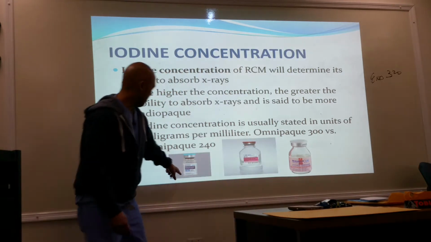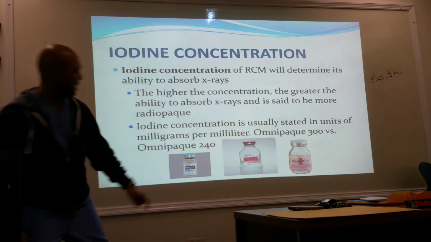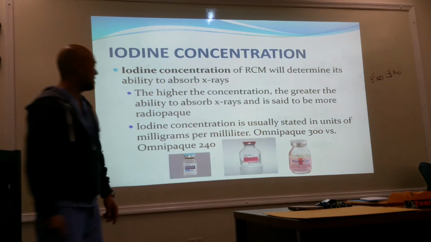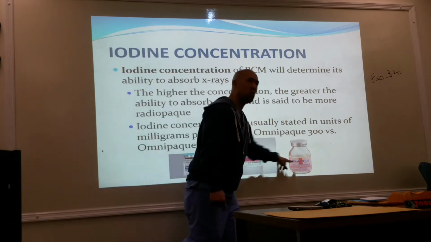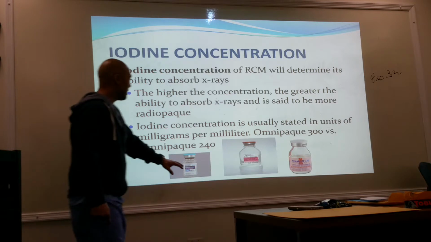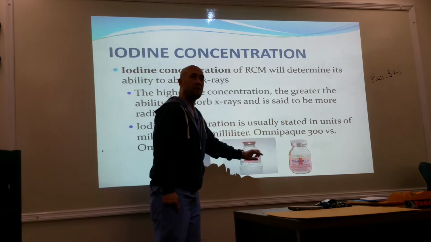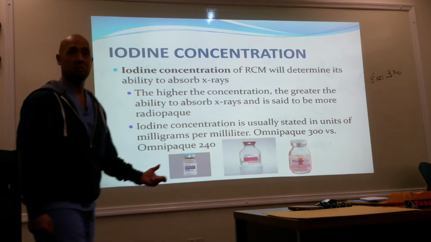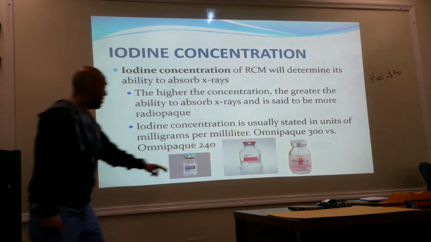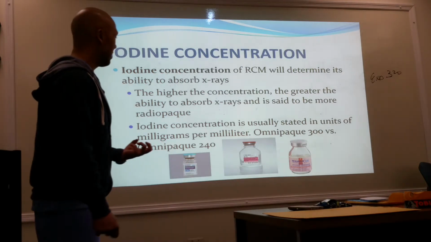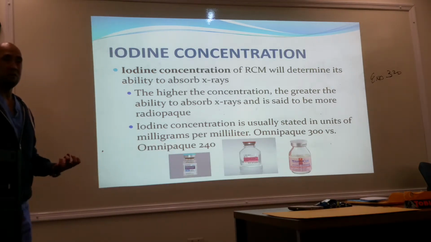We got Omnipaque 240, IsoView 370, and Hexabrix 320. That number is telling you the amount of iodine that you have in that particular solution. So the higher the number, the more iodine is contained in that solution.